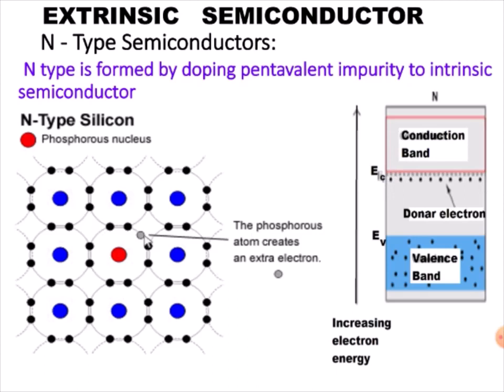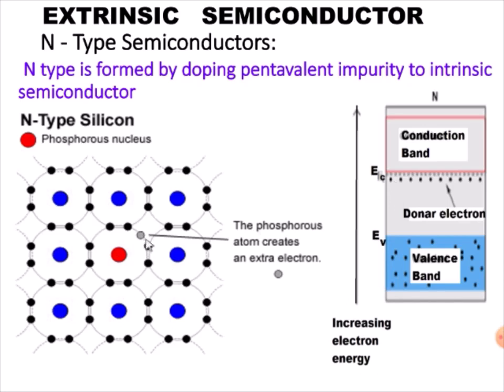These electrons, which are free to move, have higher energy than the electrons in the valence band. So this electron has less energy than a free electron, and when it moves out it is free and carries higher energy.